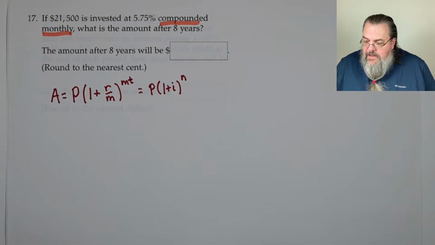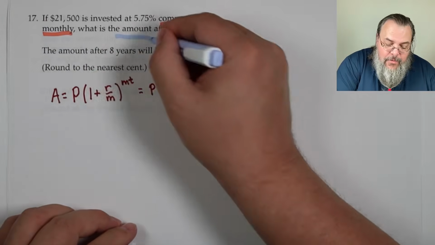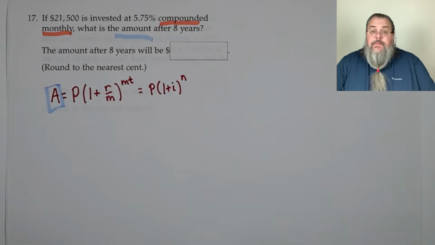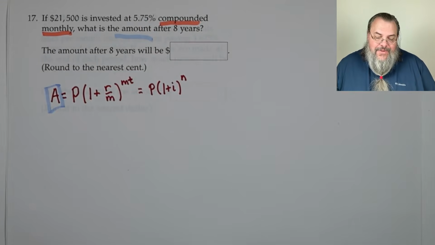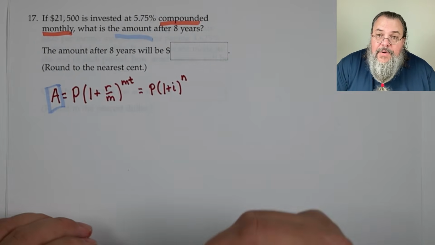All right, so what do we want? We're trying to find the amount after 8 years, so we're trying to solve for A. That must mean we know all the other pieces, and we just have to figure it out. So we're looking for words and numbers, really.